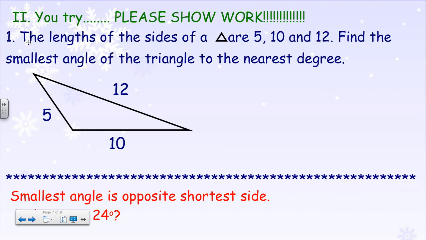Find the smallest angle. So keep in mind, right? The largest angle is opposite the longest side. Therefore, the smallest angle should be across from the smallest side. So work on it, show me your work, and see if you can get 24 degrees. If not, come on to the Zoom.